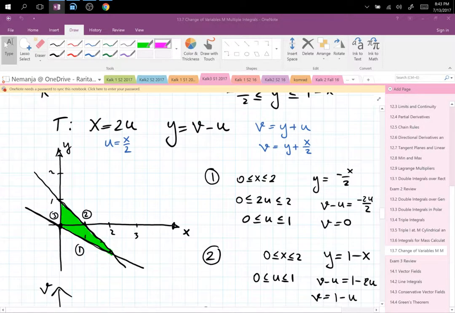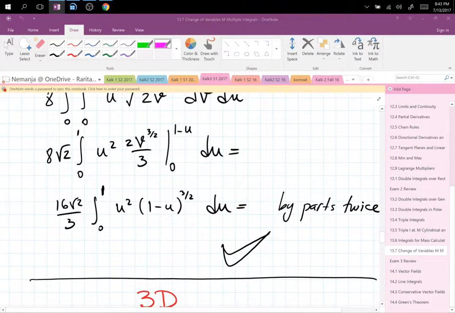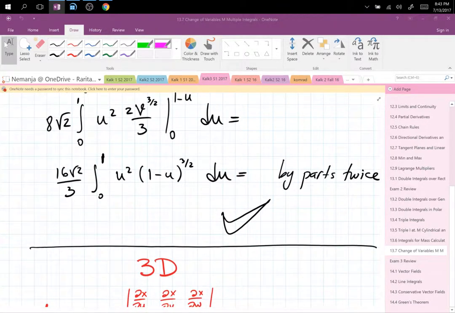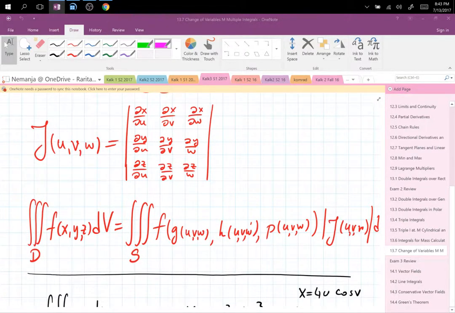The problem starts there, and then you do some transformations, and you do the Jacobian. This is a 2D, this easy case. And then I said solve by parts twice. Here's the 3D Jacobian matrix and the equation. You just plug stuff in and you go on. It looks so scary, but it's so simple. When you start building the concepts, guys, you have no idea how simple.